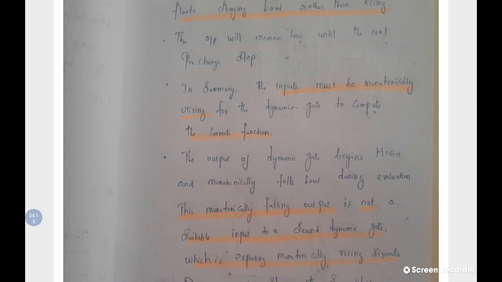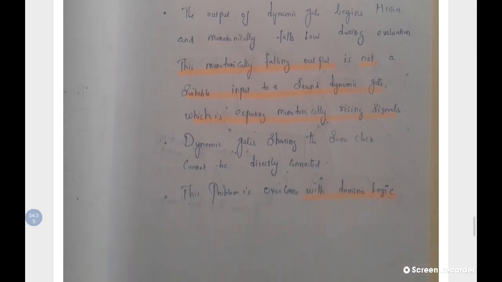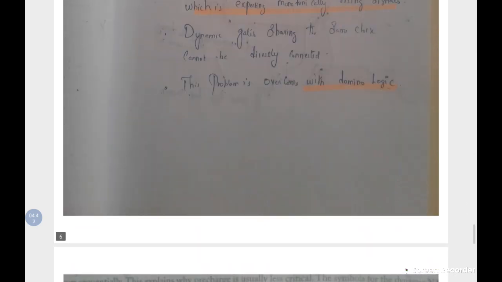This monotonically falling output is not suitable for the next stage, the second stage dynamic gate, because the second stage is expecting a monotonically rising signal. This problem happens with dynamic gates when they share the same clock signal, so they cannot be connected directly. This problem can be overcome with domino logic.